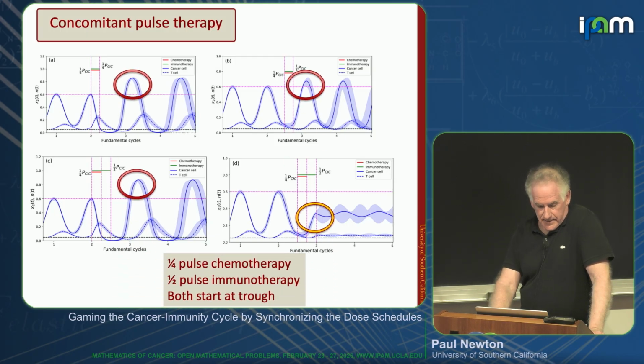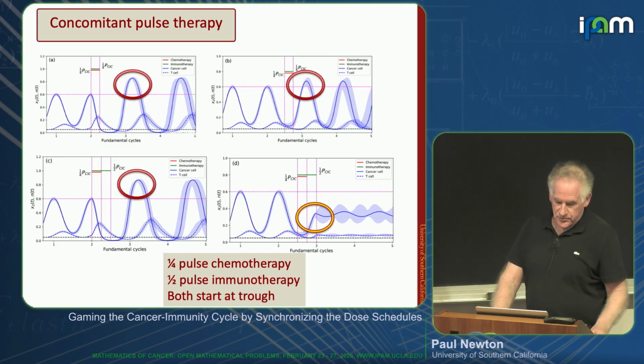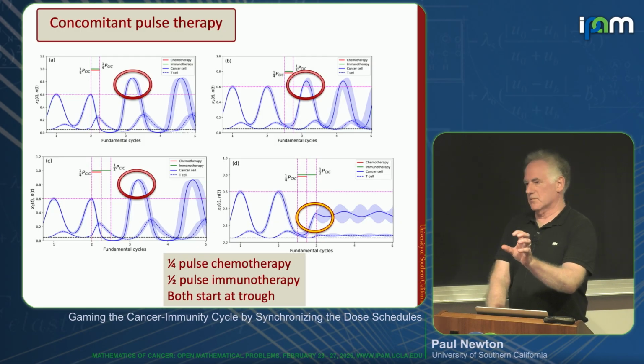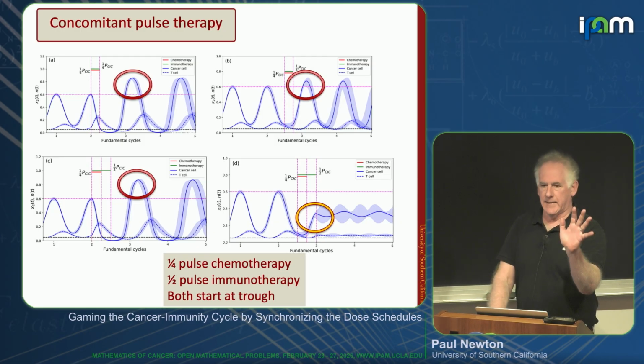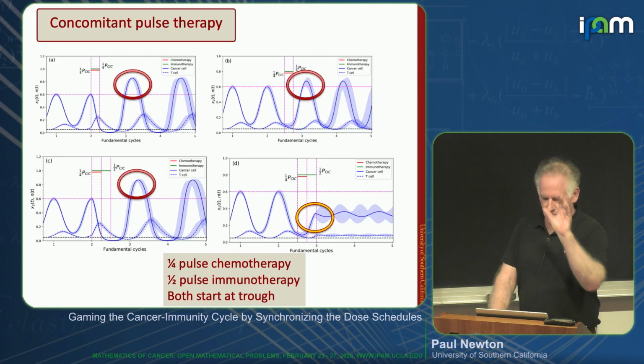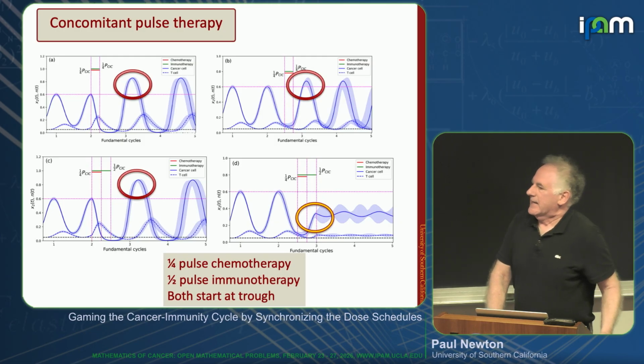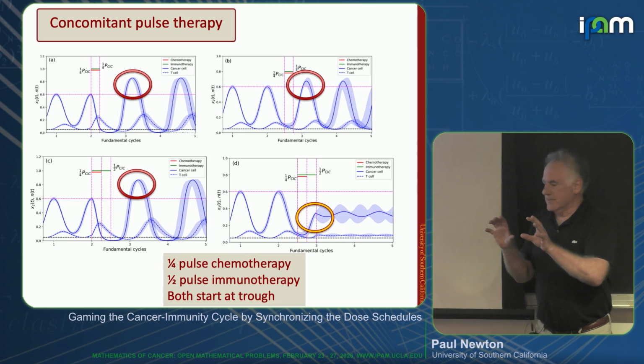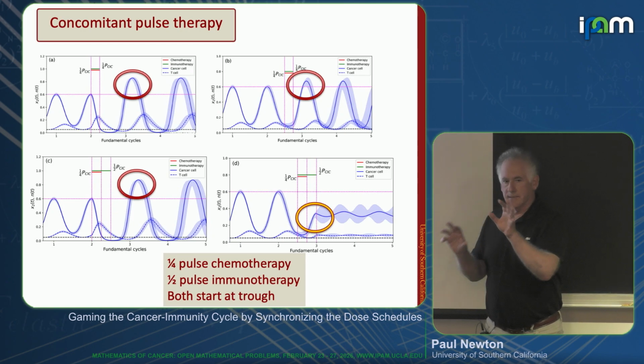As you can see, the one that works the best is that you give a quarter pulse of chemotherapy and a half pulse of immunotherapy, and you start them both at the trough. I'm just taking a small selection of the many figures that we tried and showing you the highlights. These are all little snapshots of lessons that we can learn from little pulses and combinations.